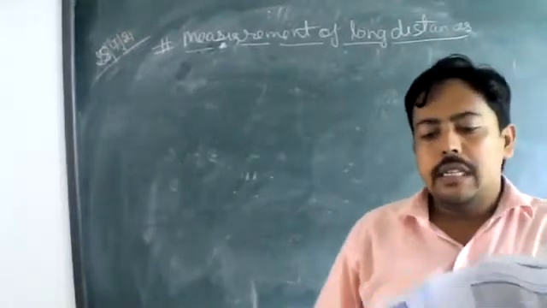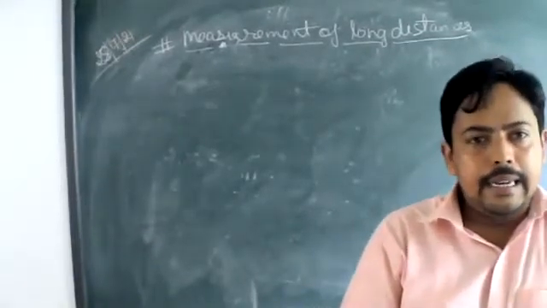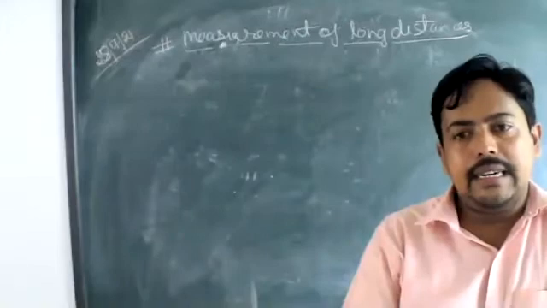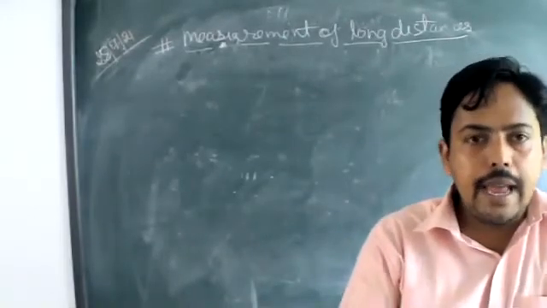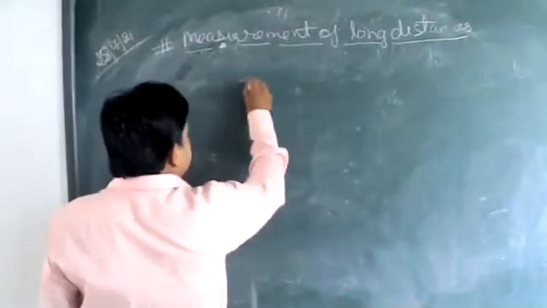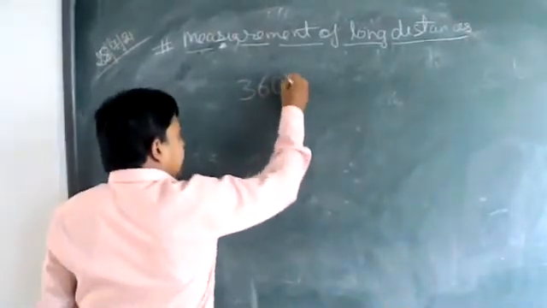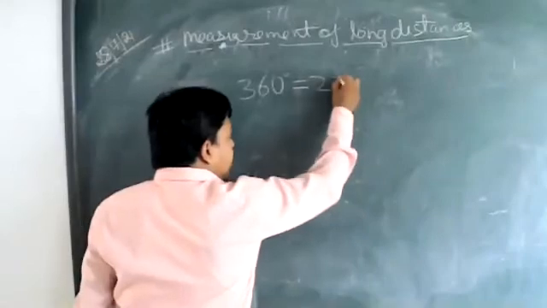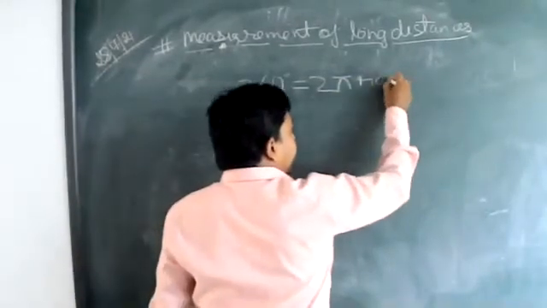If you open your NCERT book on page number 19, you can see certain relations of angular terms. That is, if there is a 360-degree angle, that is equal to 2 pi radian.